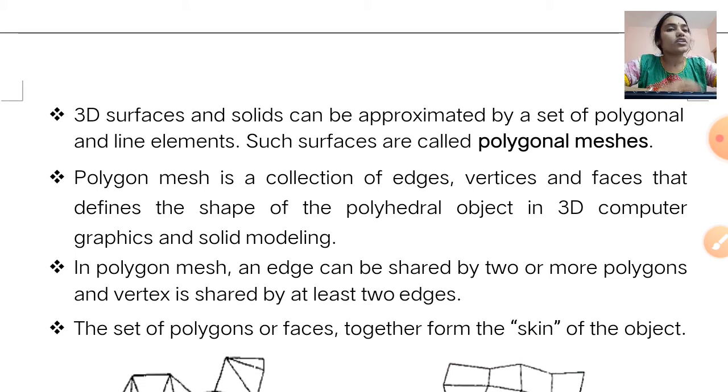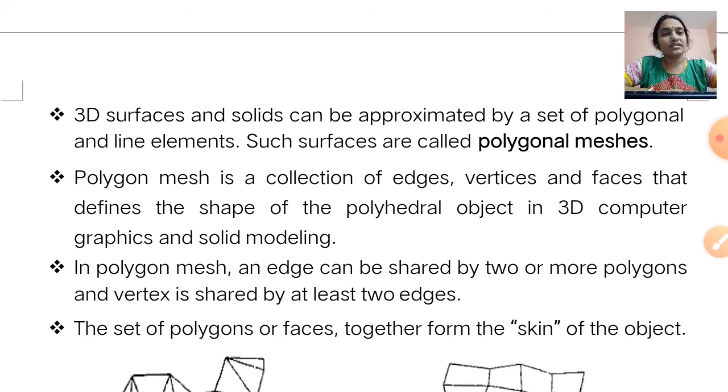Such surfaces are called polygonal meshes. That means 3D surfaces or 3D objects can be a set of polygonal elements or line elements. These surfaces are called polygon mesh.